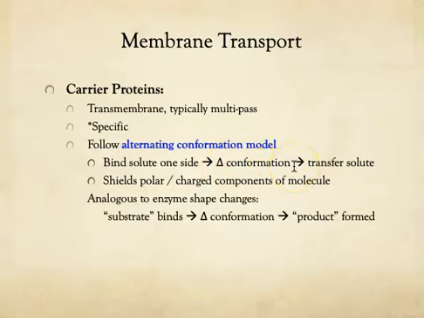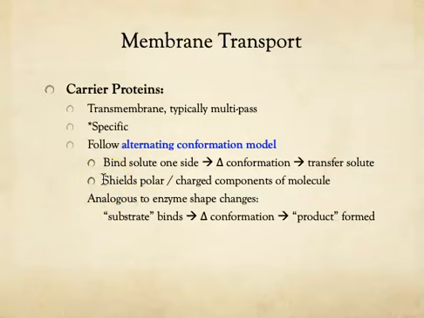The shape change will physically carry the particle across the membrane. Now, as it does that, it sort of wraps around this solute, this particle, and it shields it from the tail region of the membrane.